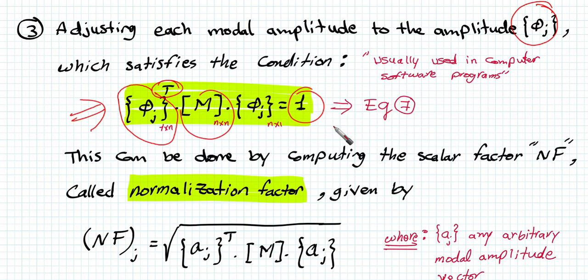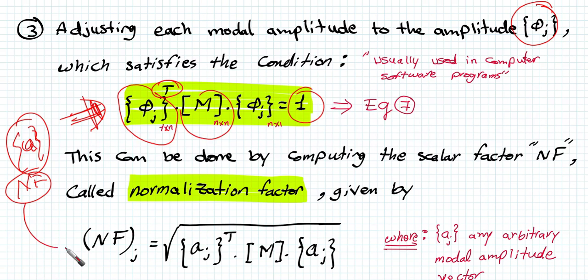Based on that, in order to obtain this after normalization, we need to normalize our mode shape with a normalization factor. We call it NF, and we mentioned that this NF would equal the radical of A_j transpose dot mass matrix times A_j.